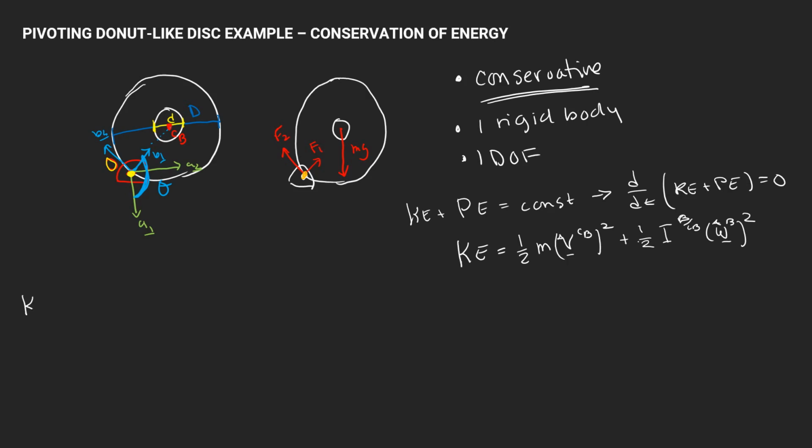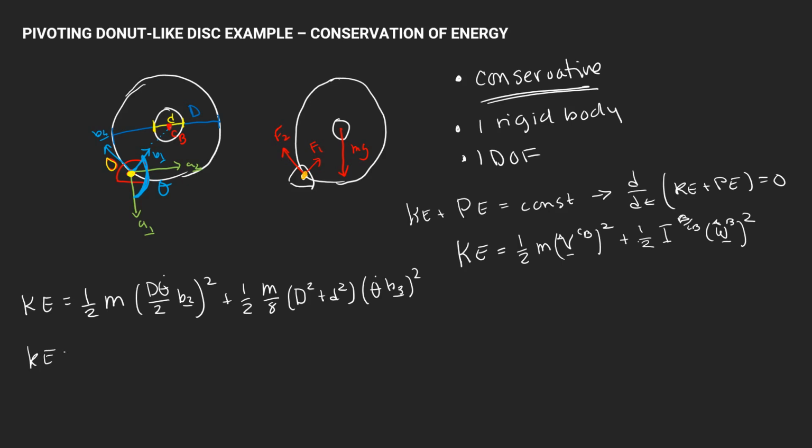So for kinetic energy, we have 1/2 m, and then you should remember from the last video that the velocity of the center of mass is equal to d theta dot over 2 times b2, squared, plus 1/2, and then our moment of inertia about the center of mass is m over 2 times capital D plus lowercase d squared. And then we multiply this by our angular velocity, so that's going to be theta dot squared.